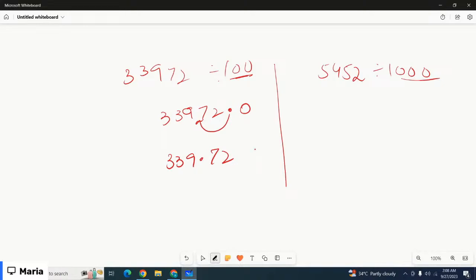You have to move the decimal point three places left. Right now the decimal point is here. So it would be from 1, 2, 3. You have to move three places, so it would be here: 5.452. Very good.